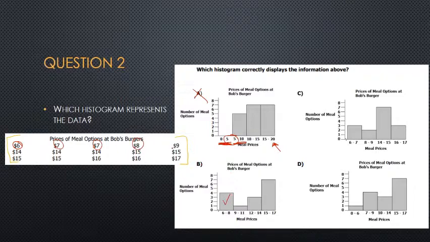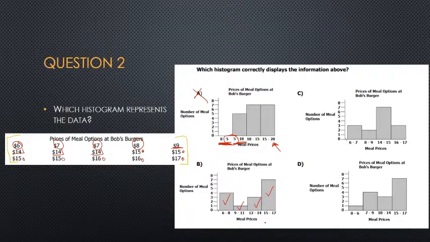Then from 9 to 11, I'm just seeing 1, so that checks out. And then 12 to 14, I'm seeing 1, 2, 3 14s, so that would check out. And then 15 to 17, we've got 1, 2, 3, 4, 5, 6, 7.